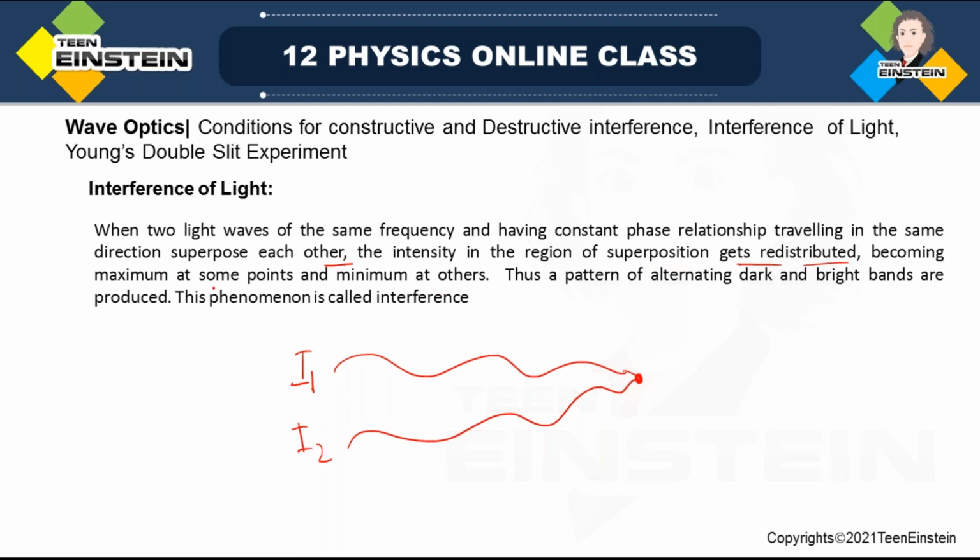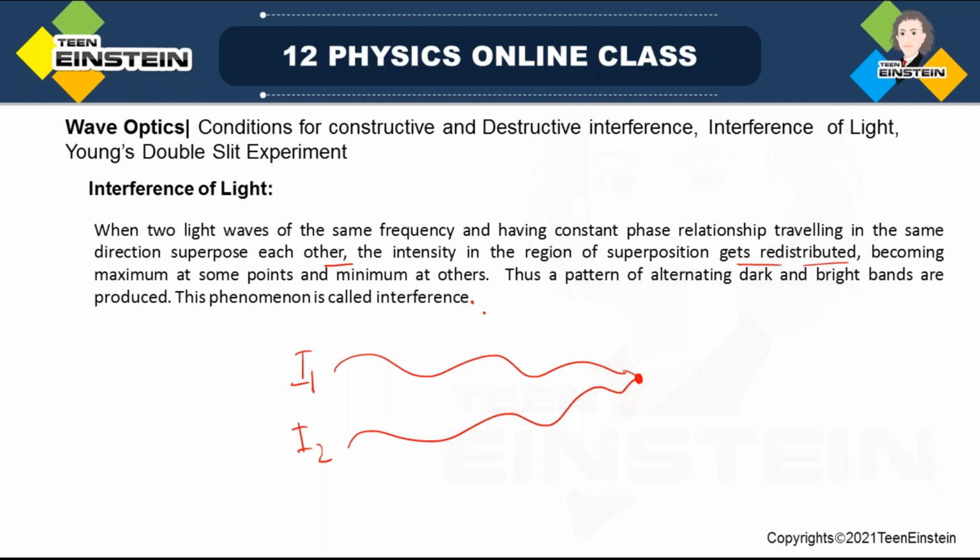In some places intensity becomes maximum, and in some places minimum. Thus, a pattern of alternating dark and bright bands is produced. So this phenomenon is called interference.